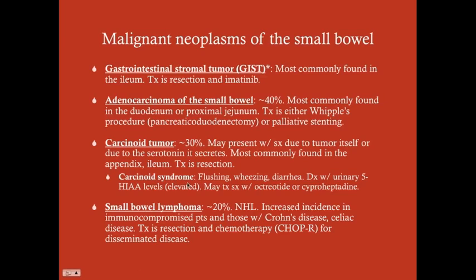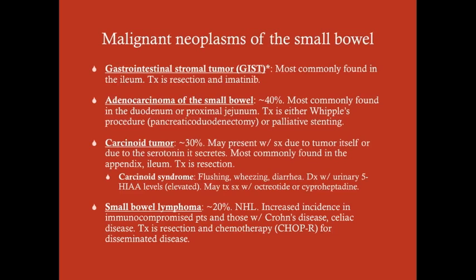However, the patients with this carcinoid syndrome, with flushing, wheezing, and diarrhea, these three things together, they should be evaluated for their serotonin levels. And we're not really actually measuring serotonin, we're measuring the byproduct of serotonin. That's 5-HIAA, 5-hydroxyindoleacetic acid. And if those levels are elevated, then we should be checking the patient for a carcinoid tumor.